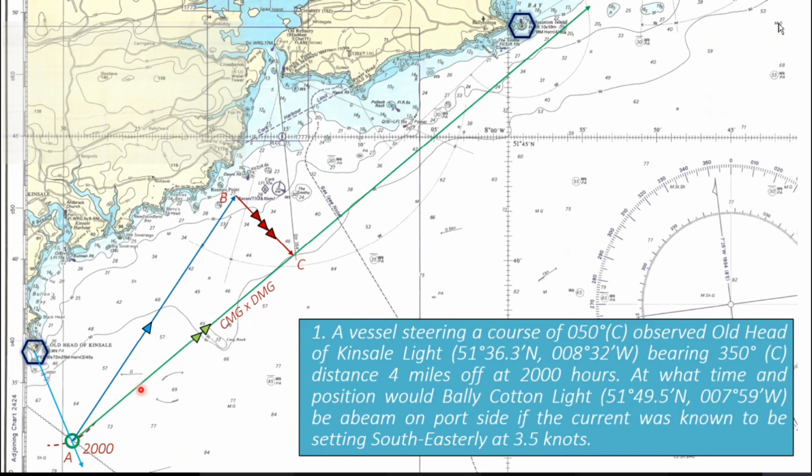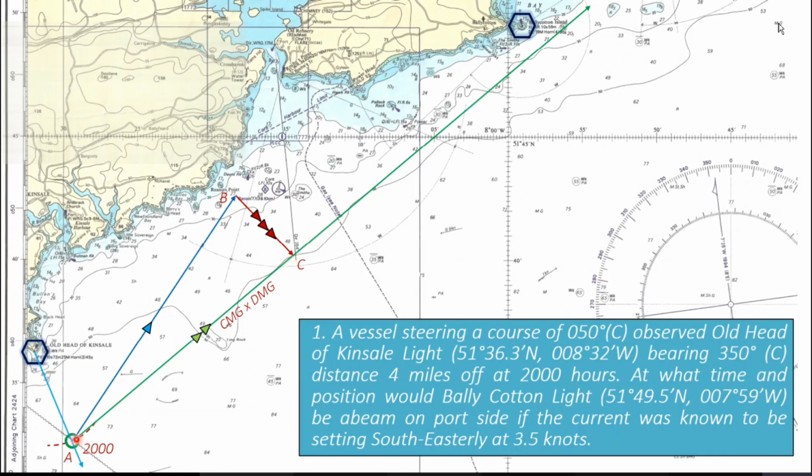So we measure off this distance Alpha to Charlie. Now this is the distance which the vessel is going to make good in a period of 1 hour. So this also gives us our speed made good. Whatever distance you measure Alpha to Charlie will be the speed made good of the ship when it is moving on this particular track.